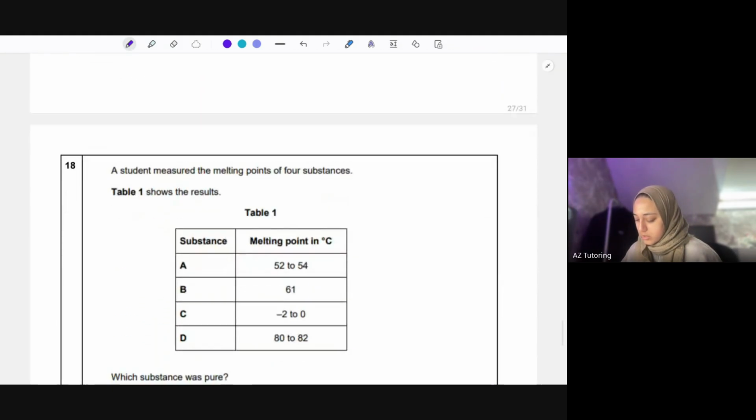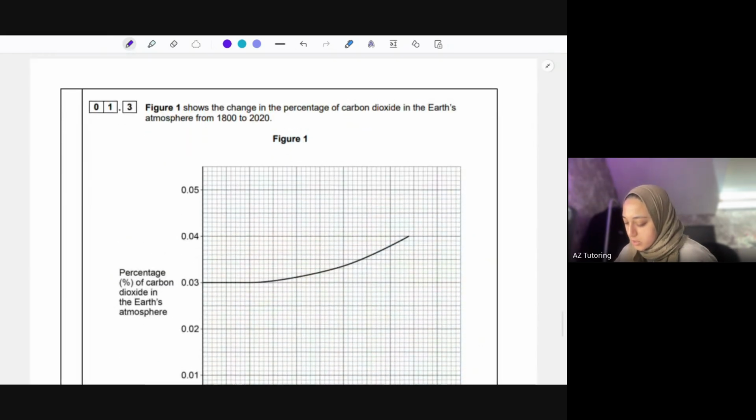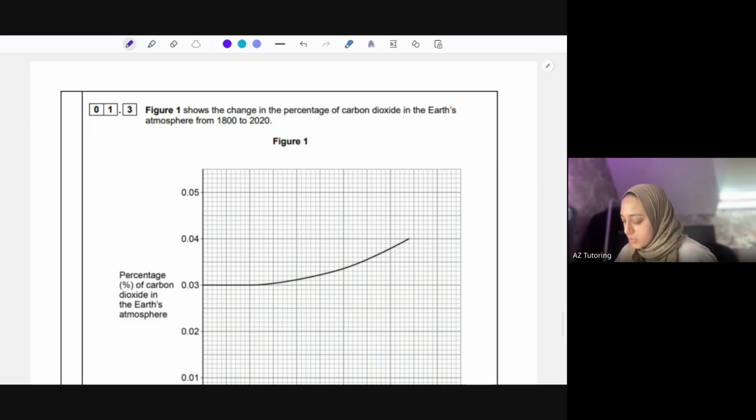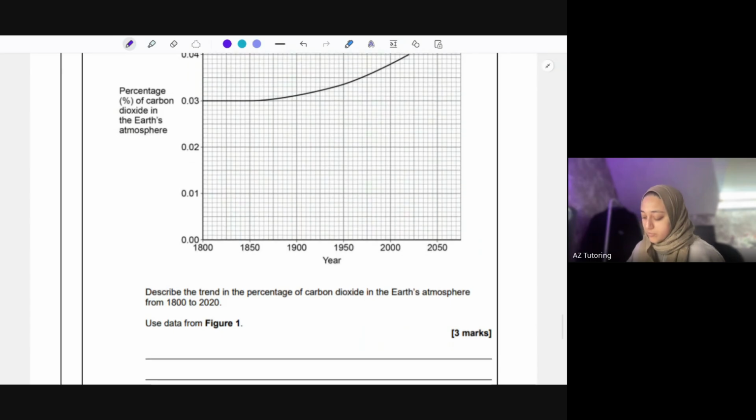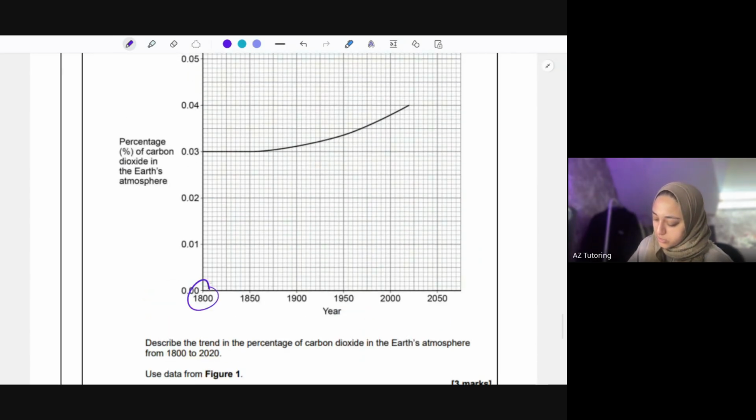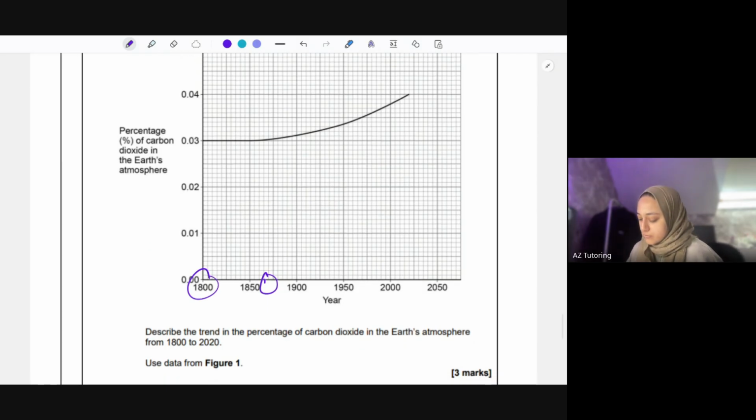Okay, last few questions. Figure 1 shows a change in percentage of carbon dioxide in the Earth's atmosphere from 1800 to 2020. Describe the trend for 3 marks. So what you would say is, from 1800 to roughly around over here, just after 1850, it stayed the same, so it was constant at this point.